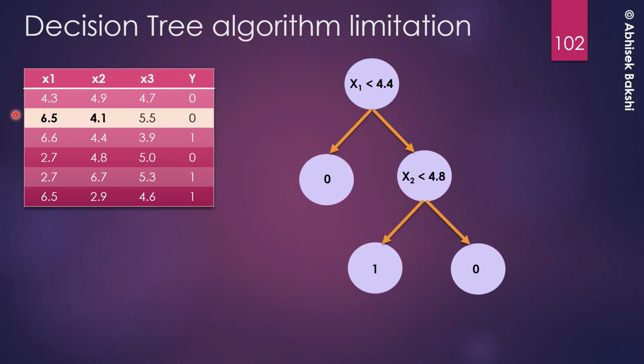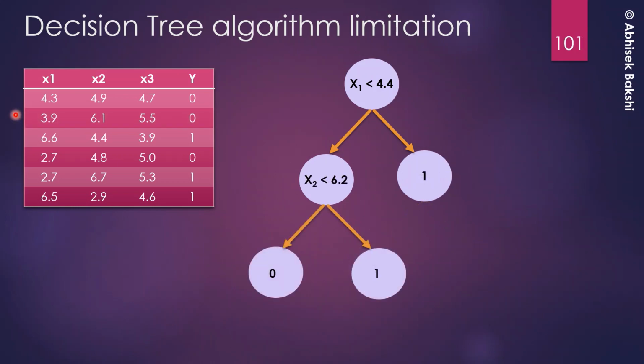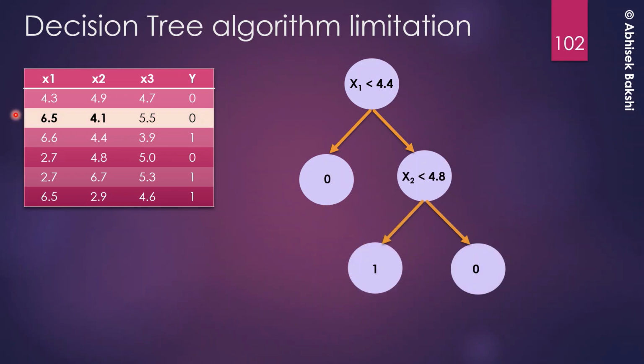If you compare the highlighted part, the second row, initially we had 3.9, 6.1, 5.50. I mean, the first three are the features, the last one is the class. Instead of 3.9 and 6.1, the values of feature x1 and feature x2 have changed. The class remains the same and the x3 feature value remains the same.